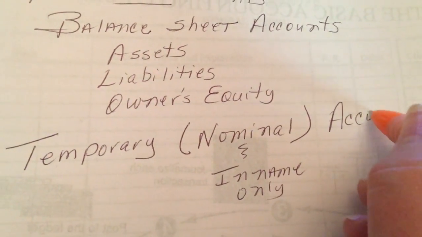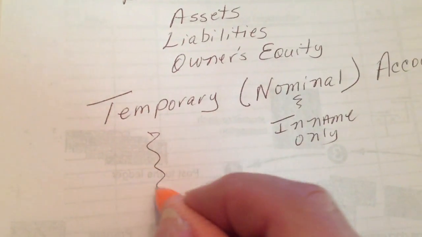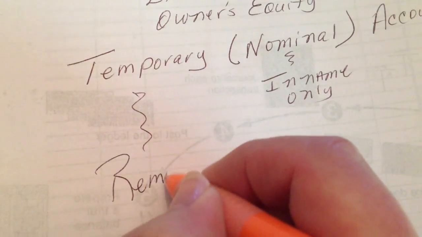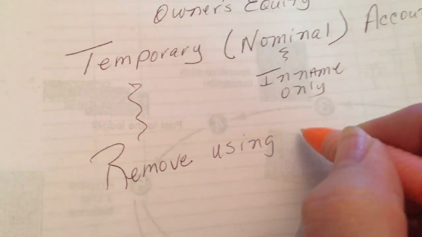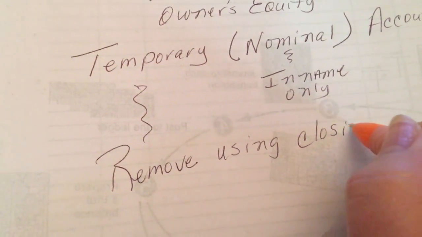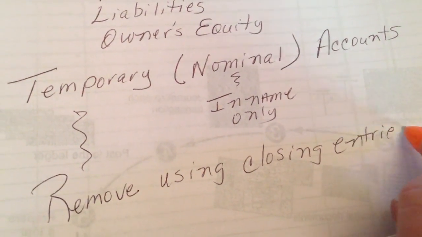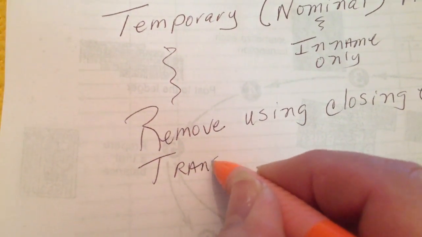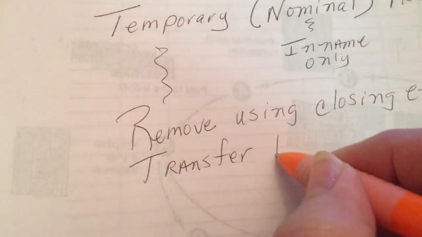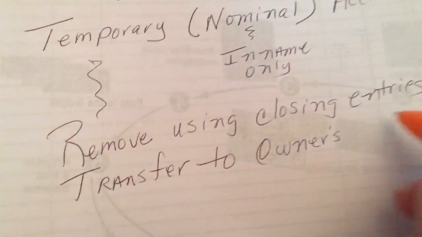And these are the accounts that we want to remove from the books with closing entries. And these accounts will be transferred to owner's equity.